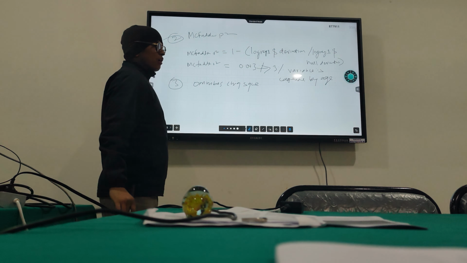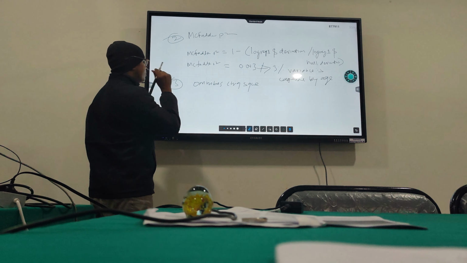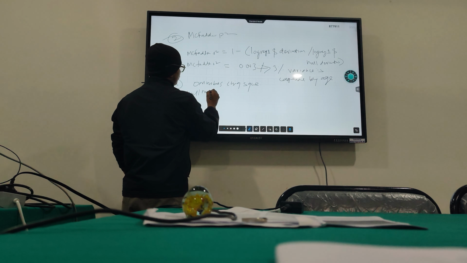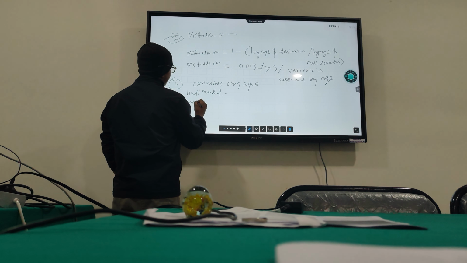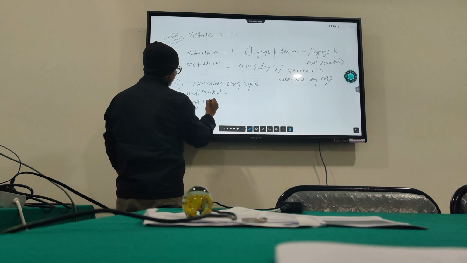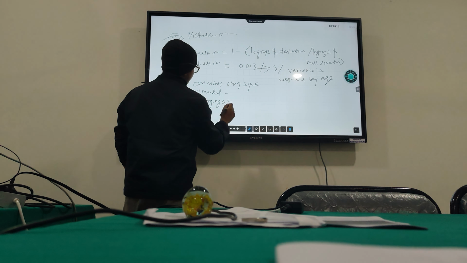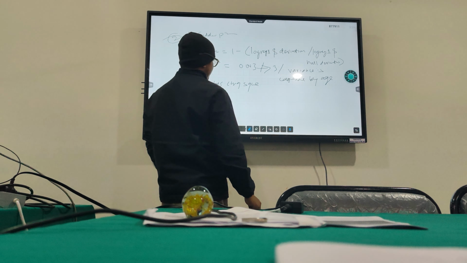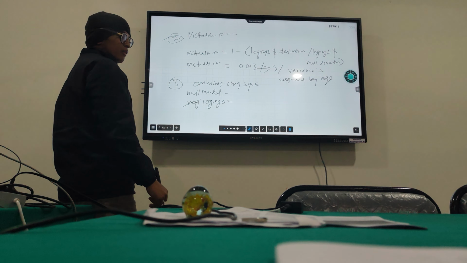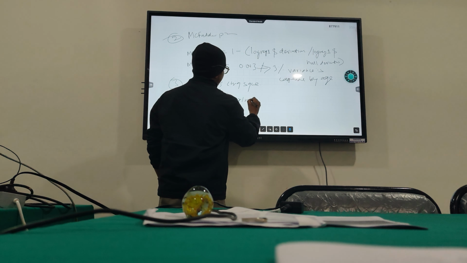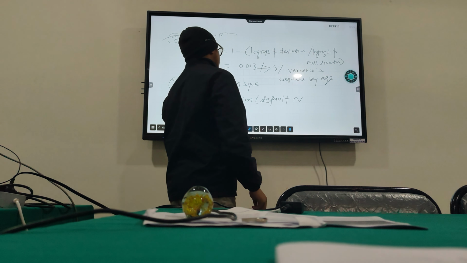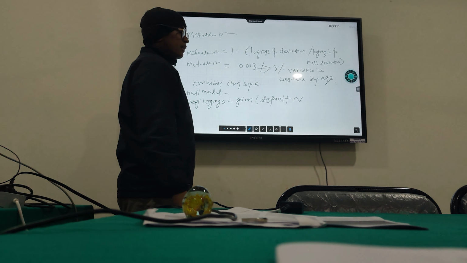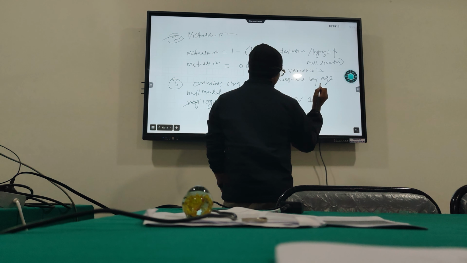To work on the omnibus chi-square, first of all let's make a null model to compare. For the null model, log reg 0 equals GLM, default tilde 1, where 1 means we are comparing to null.